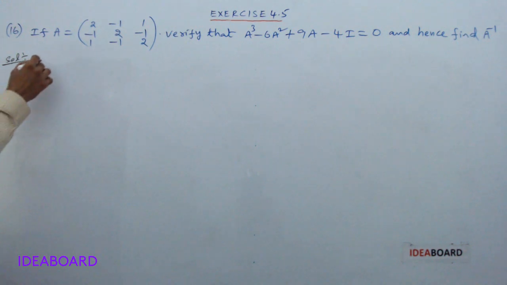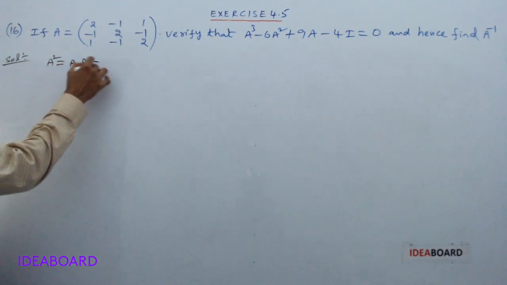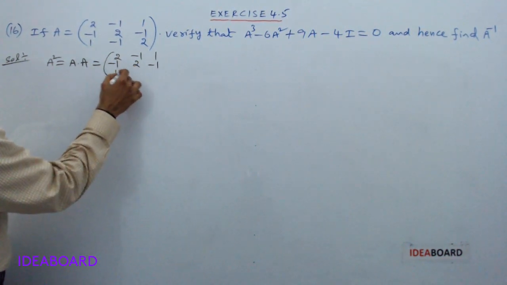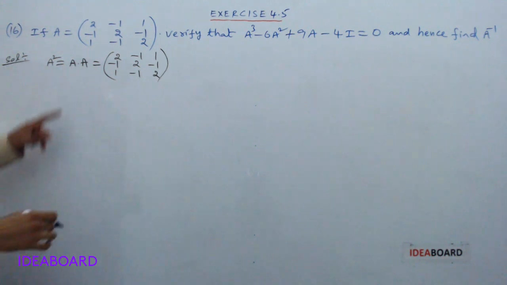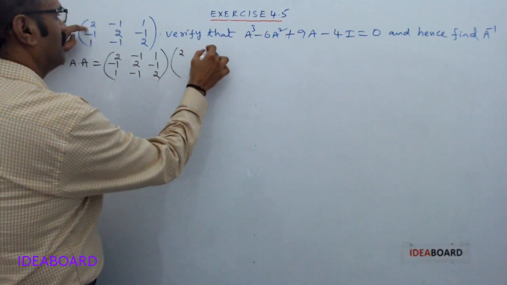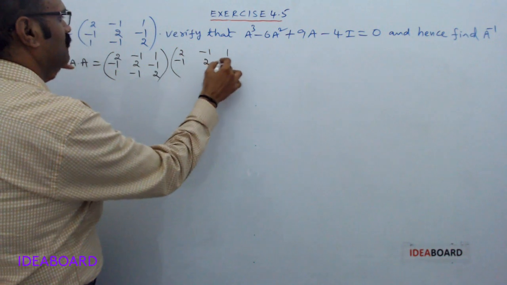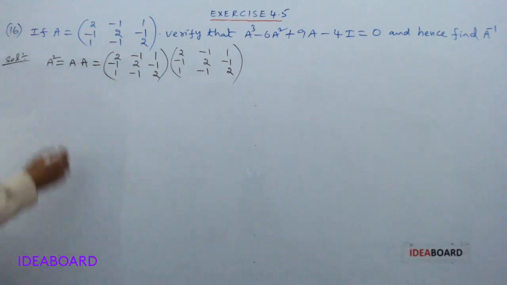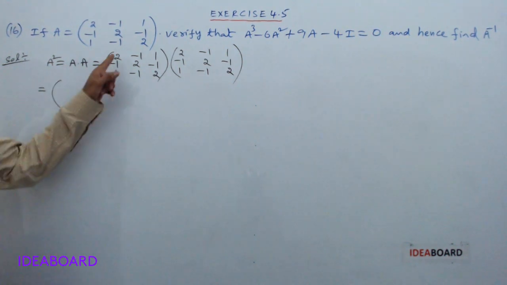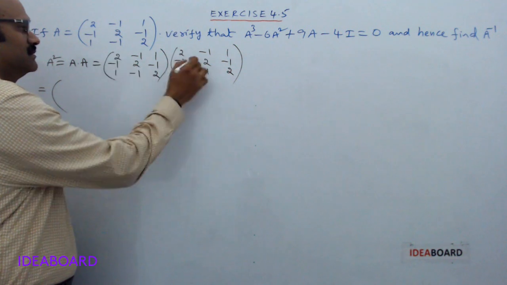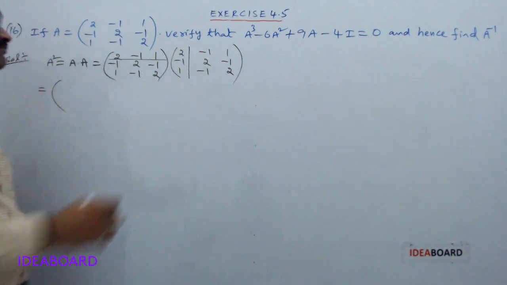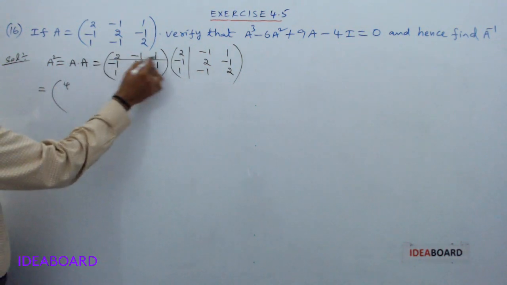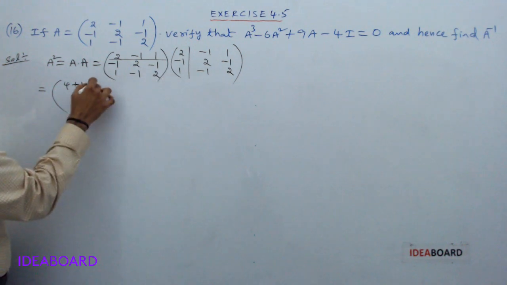So here A square equal to A into A, 2 minus 1 1, minus 1 2 minus 1, 1 minus 1 2, into 2 minus 1 1, minus 1 2 minus 1, 1 minus 1 2. Multiply these two matrices, first row into first column, 2 into 2 is 4, minus 1 into minus 1 is plus 1, plus 1.